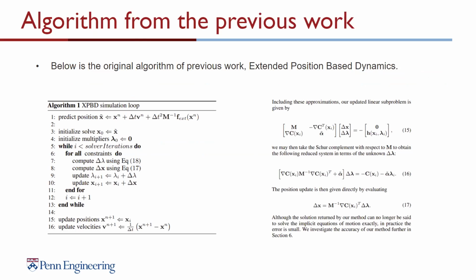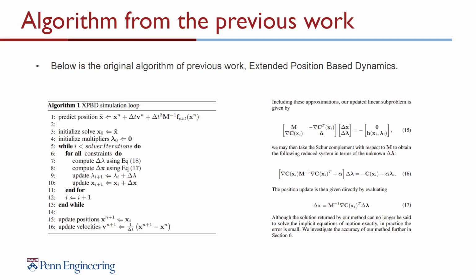So this is the position-based dynamics. This is from the previous work of the paper that I'm going to talk about today. So basically, you have an initial position and some multiplier, and you solve for every constraint, and then update the position, and then based on the updated position, you update the velocity.